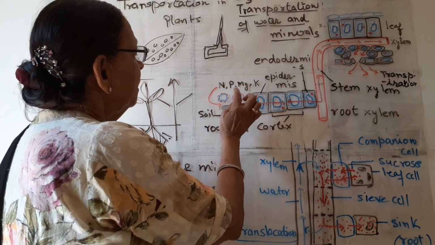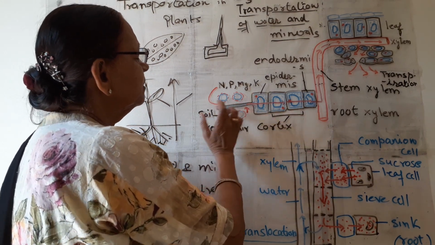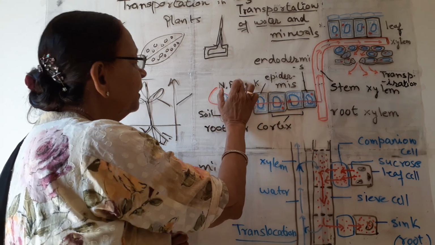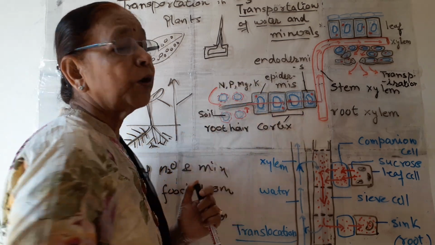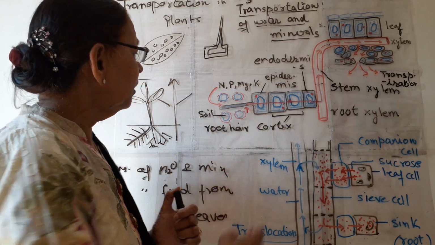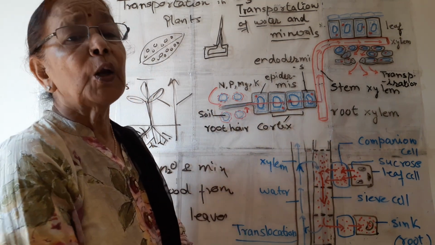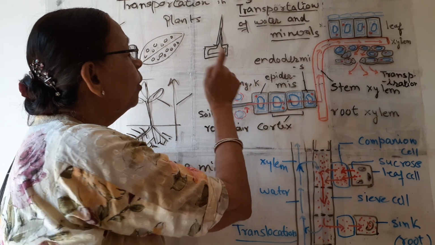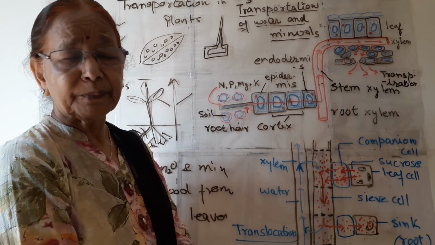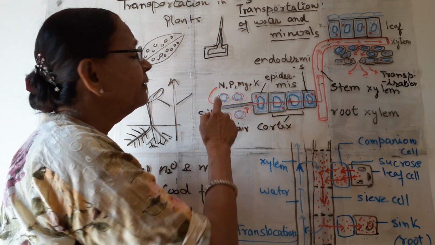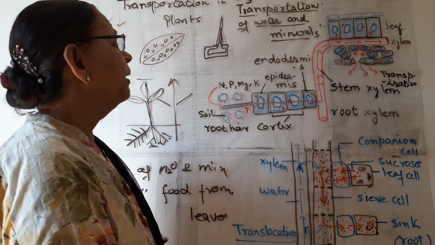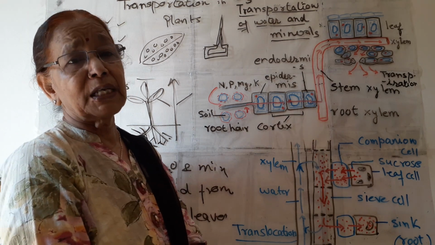So from these root hairs, minerals as well as water are absorbed. What happens? The plasma membrane of this root hair is not permeable to all the minerals. So these minerals get into the root hair by active transport.